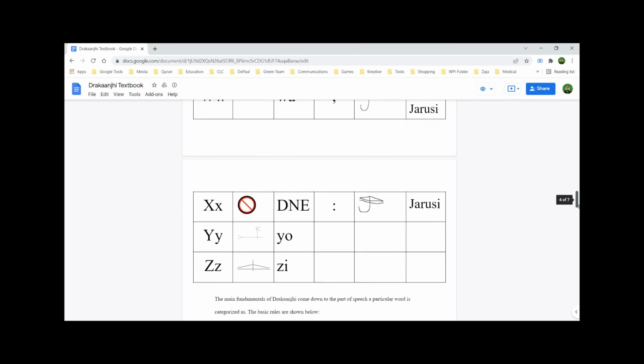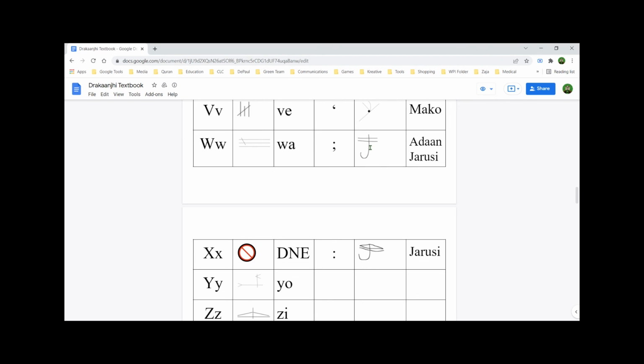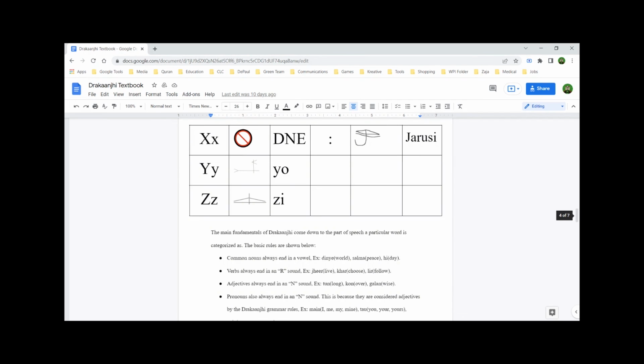And then the final symbol for today is the normal jarusi, which looks like this and is used in exactly the same way as a colon in English. This is the semicolon, this is the normal colon, this is called an adan jarusi, and this is just known as a jarusi.